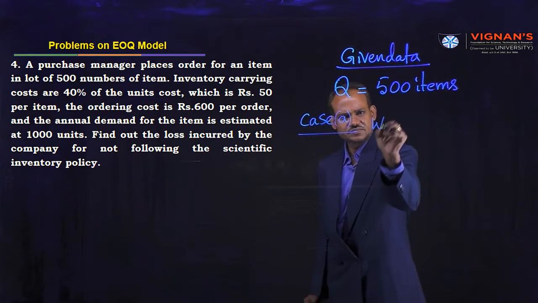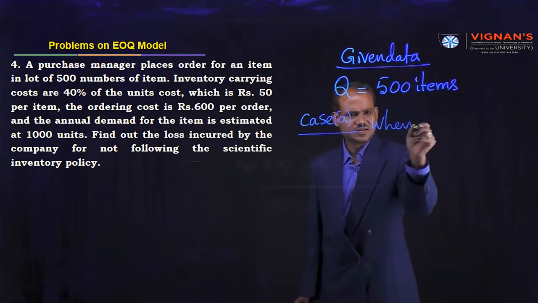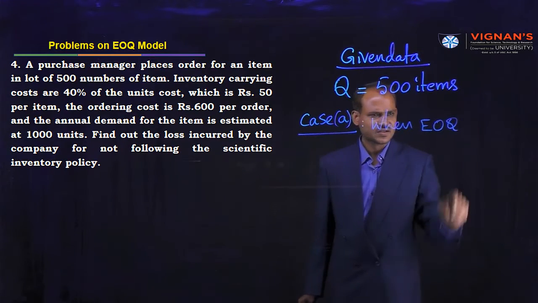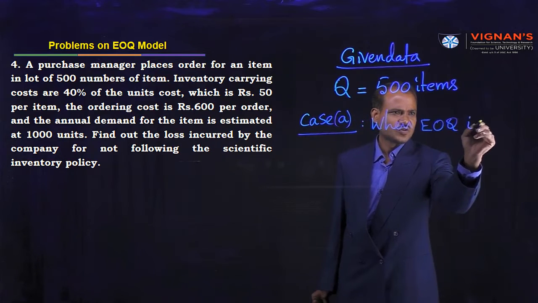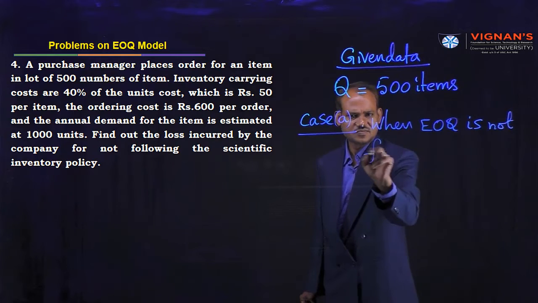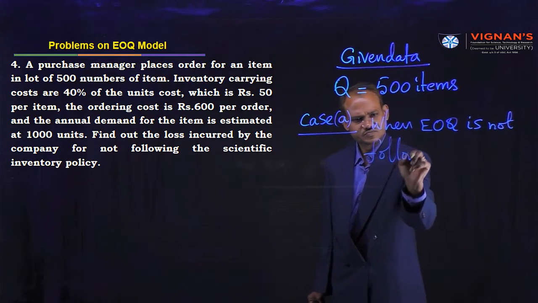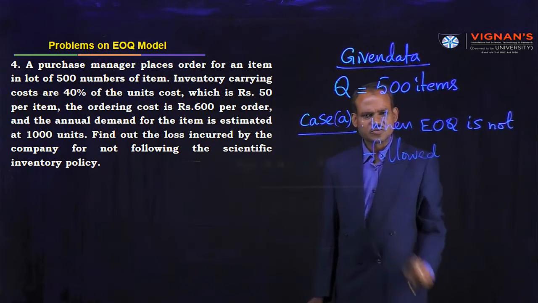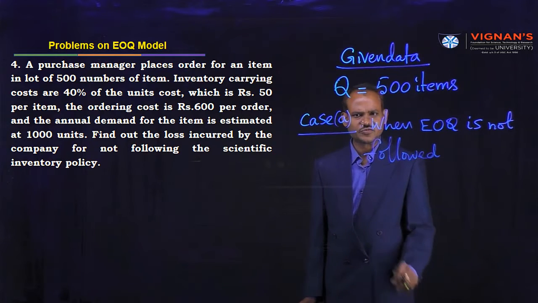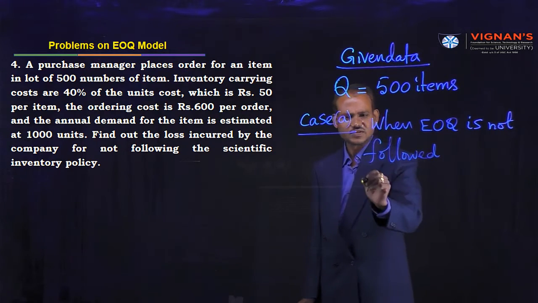When EOQ, that means economic ordering quantity, is not followed. When EOQ is not followed, what is the total cost? We have to find out what is the total cost.